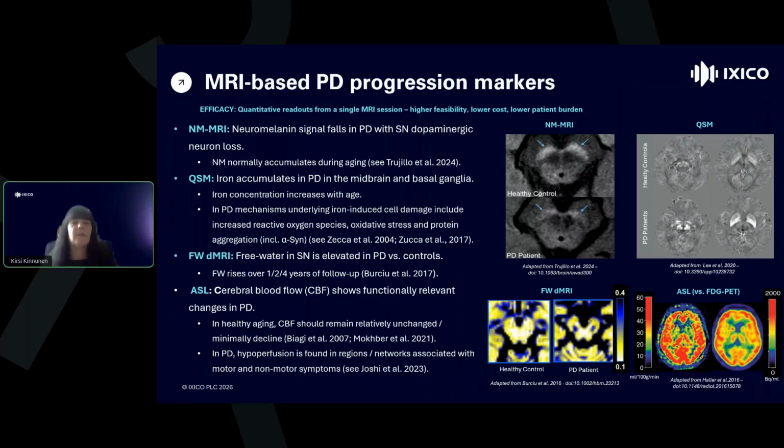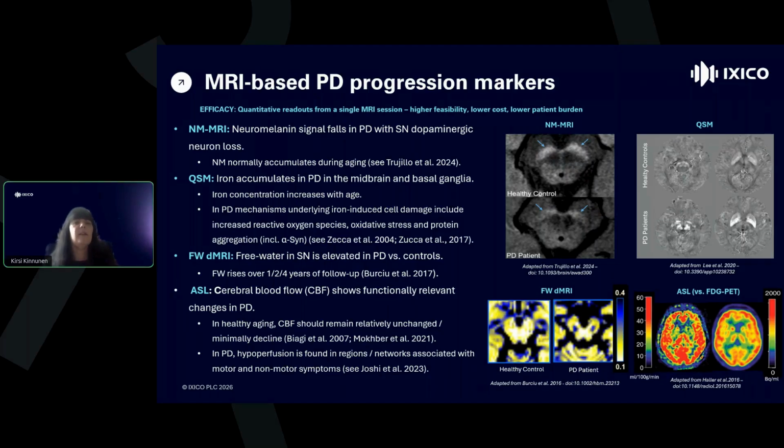Overall, advanced MRI provides quantitative readouts at a relatively low cost and good feasibility for repeated measurements. The three key efficacy sequences, neuromelanin MRI, QSM, and diffusion MRI, all fit inside about 30 minutes of scanning, and they do not require any radiation exposure beyond the magnet.